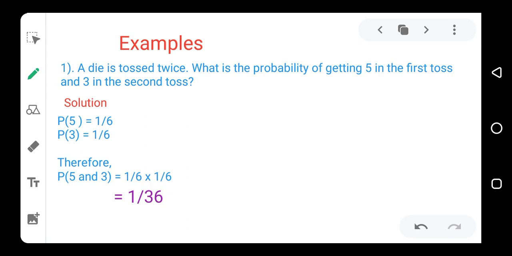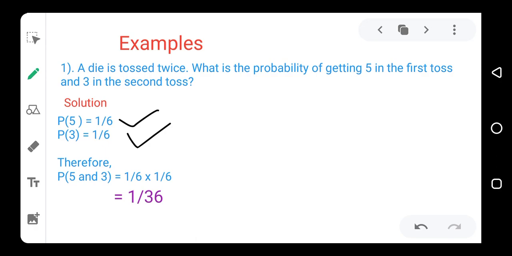So the probability of getting 5 is 1 over 6 and the probability of getting 3 is 1 over 6. This means that the probability that you get 5 in the first toss is 1 over 6, and the probability that you get 3 in the second toss is 1 over 6.